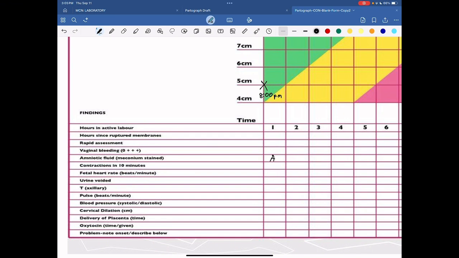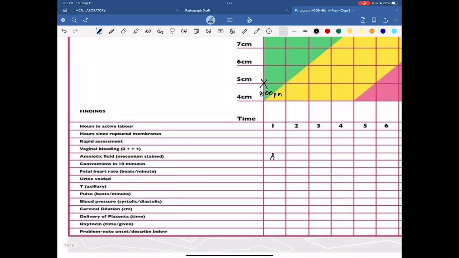Then vaginal bleeding, it was not indicated, so we can put 0. And contractions, it was indicated to be 2 to 3 contractions every 10 minutes. And then the fetal heart rate was recorded to be 140 beats per minute.